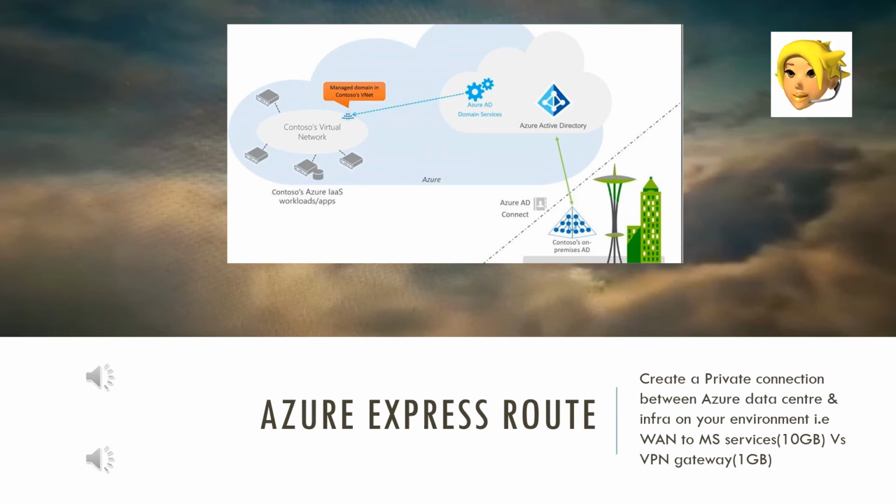You can sign in to the Azure portal, search the resource services and type virtual network, or you can also get it from the marketplace, and then you need to create this virtual network.